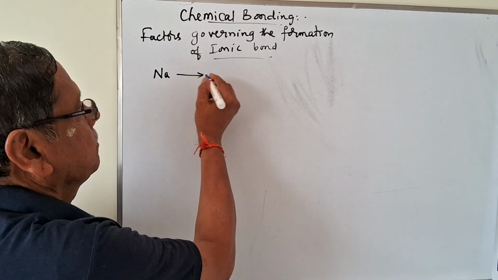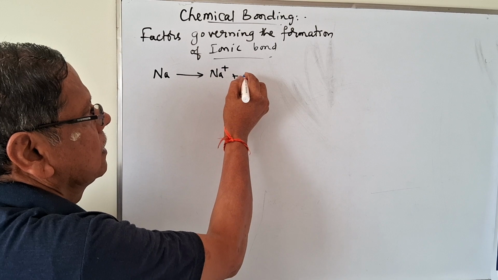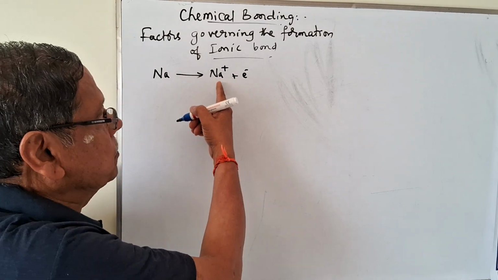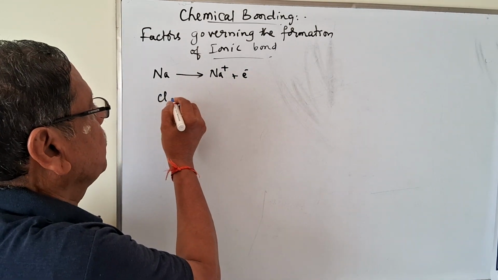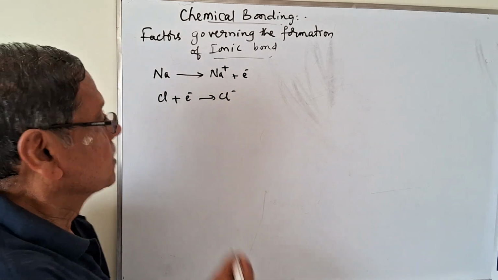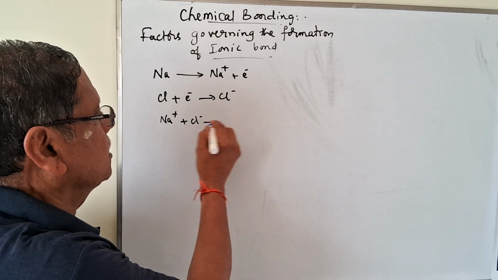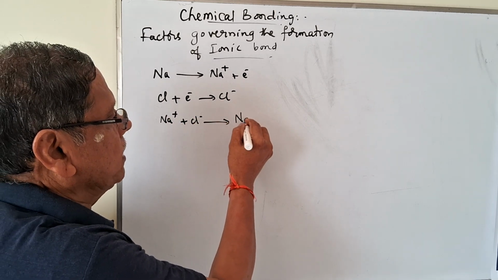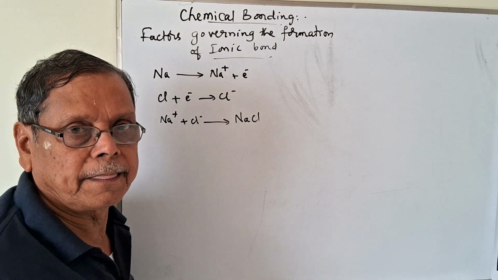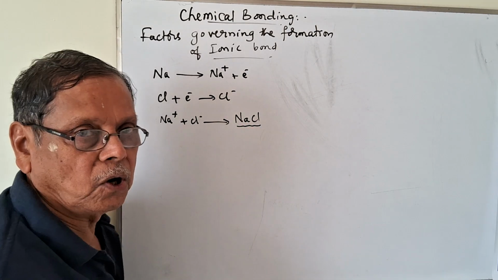When a sodium atom loses an electron to give rise to Na+, it gets the positive charge, and a Cl atom will gain the electron to give rise to Cl-. Since the sodium ion is positively charged and the chloride ion is negatively charged, they will attract one another by some force that results in the formation of the solid.